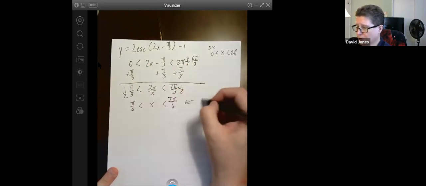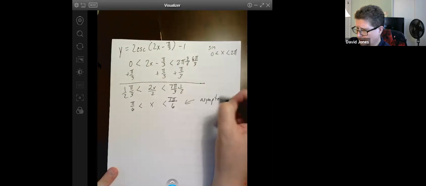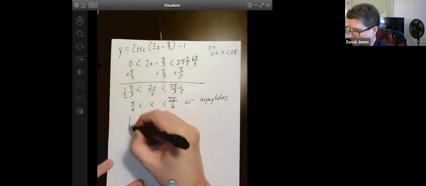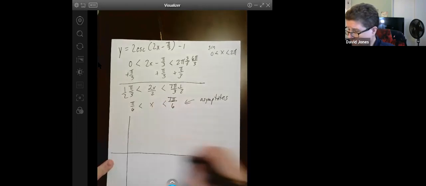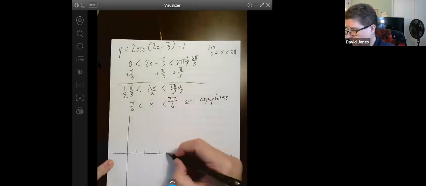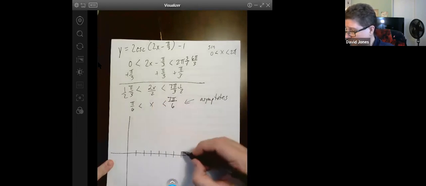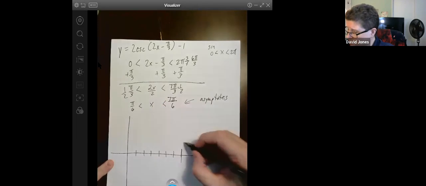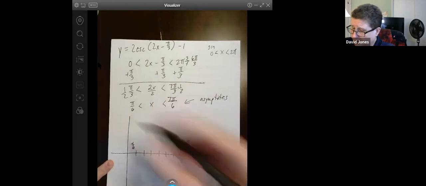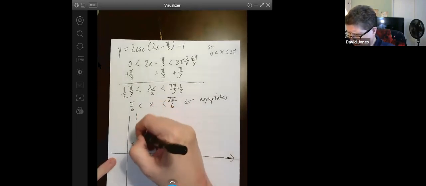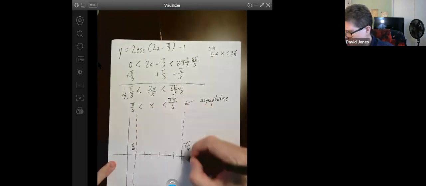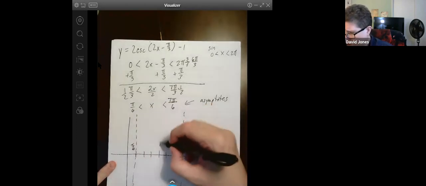These are my asymptotes. 2, 3, 4, 5, 6, 7. We'll make that 7 pi over 6. This is pi over 6. Asymptote is right there, asymptote is right there for sine, and also the midpoint.